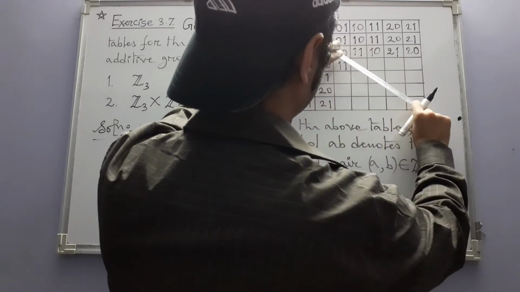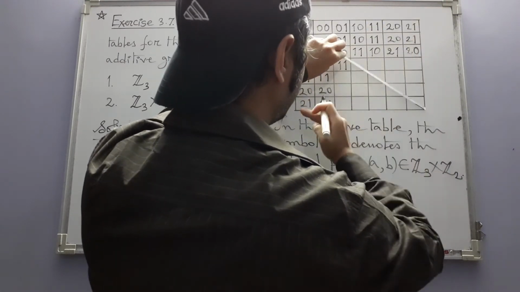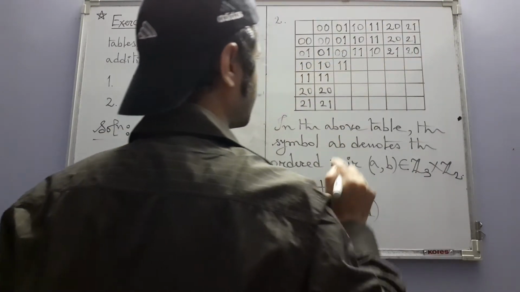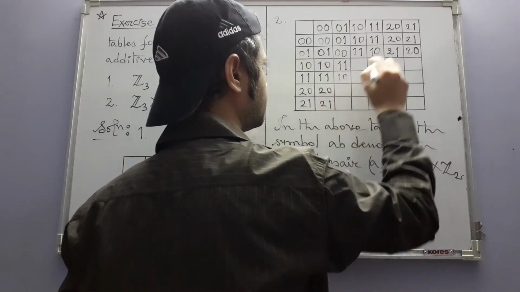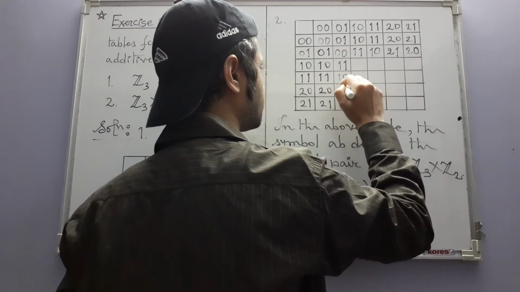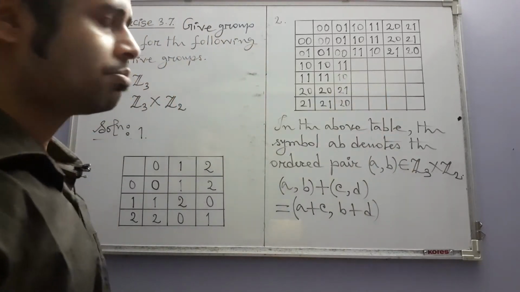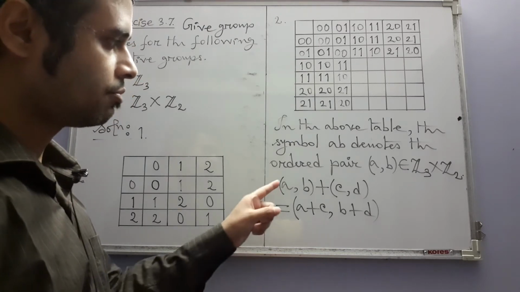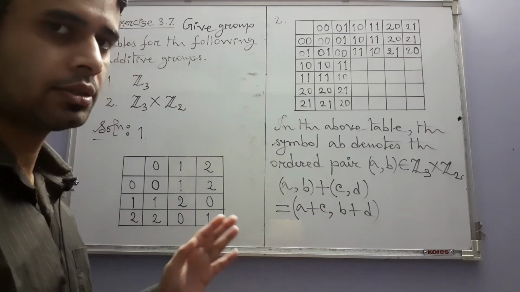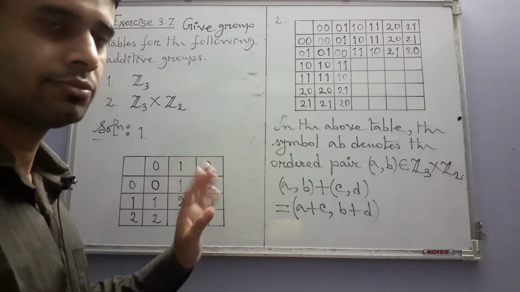So 1 1, 1 0, 2 1, 2 0. This will speed up the calculation. But keep in mind, this works only when the group is abelian. You know for sure that the operation is commutative. Only then can you do it like this.